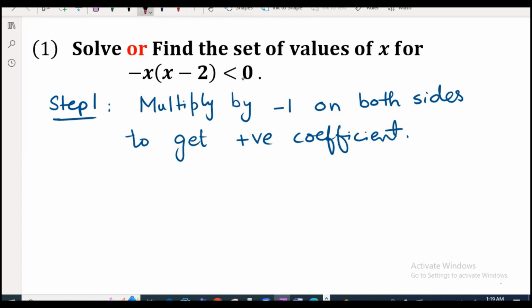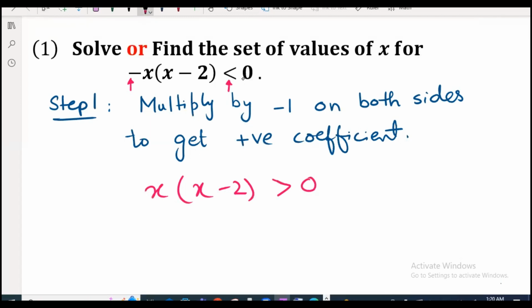All the signs will be changed. This sign will be changed here, and this sign will be changed. So it will be x times x minus 2 greater than 0.